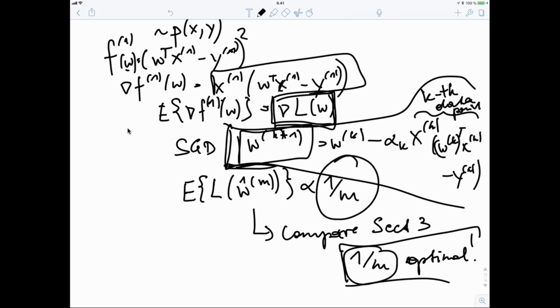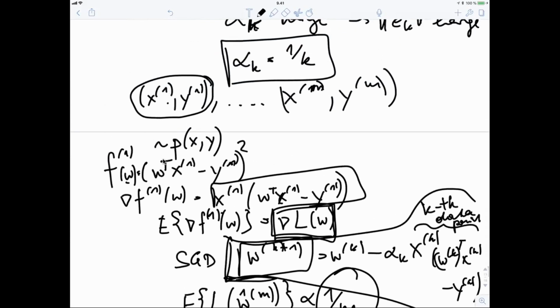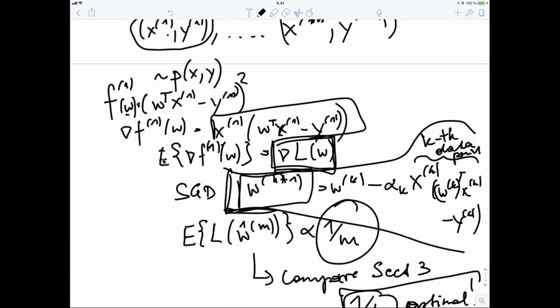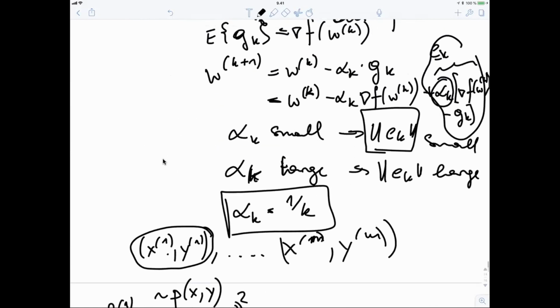So there's one question: isn't stochastic gradient descent much slower because we can't calculate the gradient in parallel? Yeah, so this refers to the fact that we can reduce this noise term here.